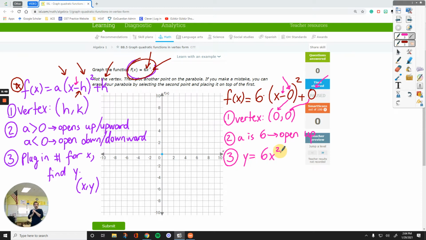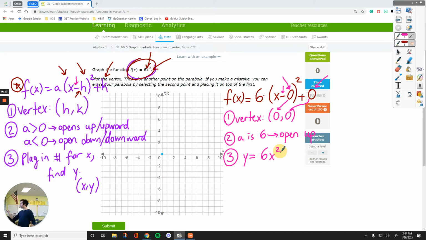Now, I usually plug in a number that'll make that x equal to 1. Let's just start with 1, okay? In the other questions, when we get harder, I'll tell you other tricks to plug in numbers. But for many of them, if you're not subtracting any number, plug in 1 for x. That's going to make it easier.